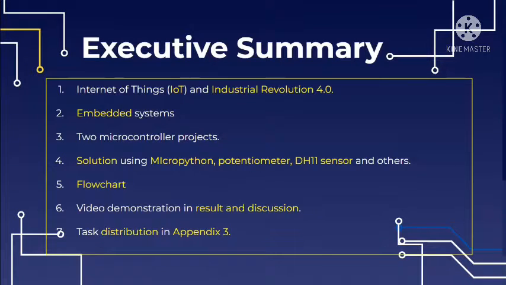There are two projects that demonstrate the application of a development board. The solution is documented in a flowchart as well as discussing the circuits, code, results, conclusions, and outputs with image or screenshot of evidence in the appendices. Finally, the task distribution among group members is documented.